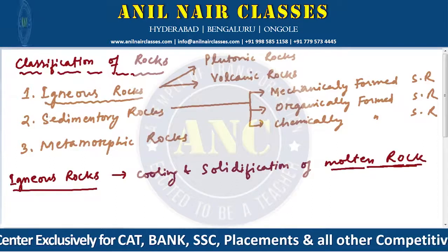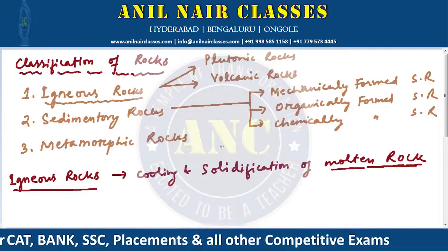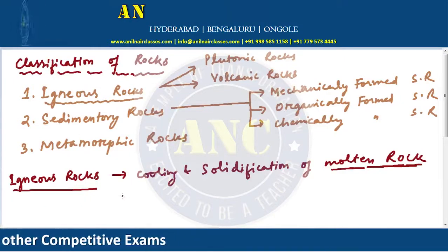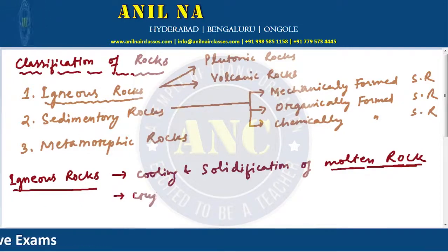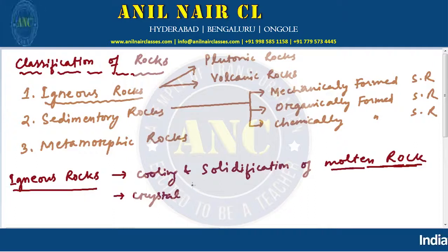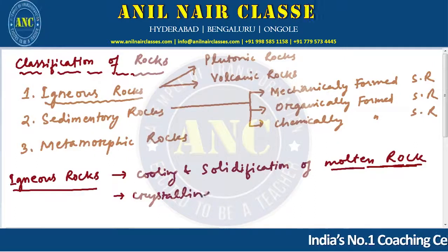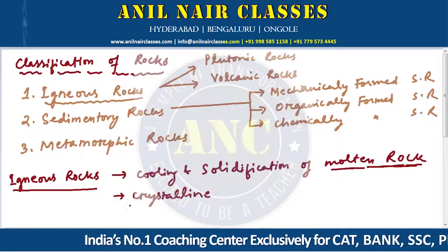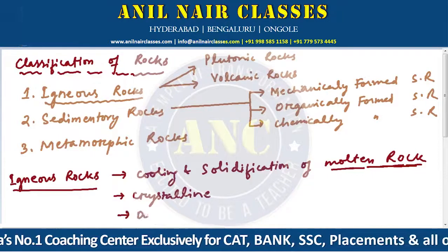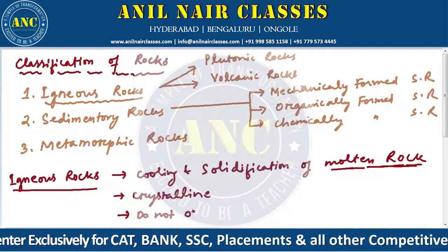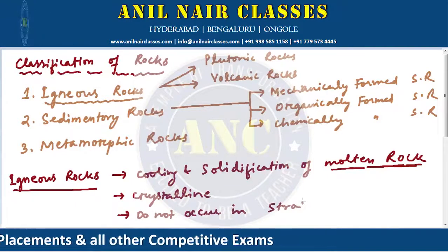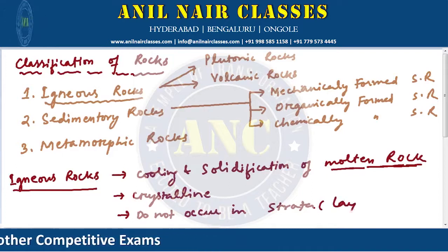And from beneath the earth crust, obviously the lava which comes from the earth crust, they are normally crystalline in structure, and they do not occur in strata. Strata means layers.